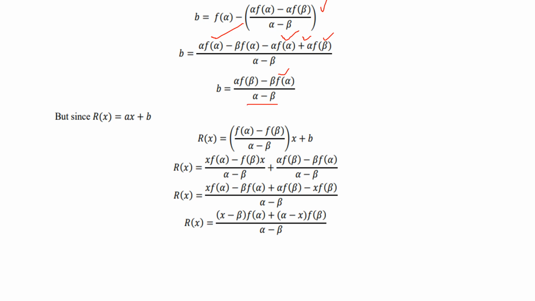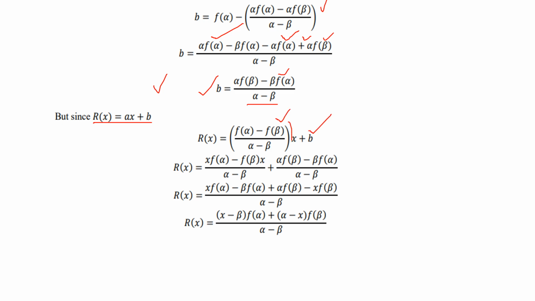Now we have got the values of b and we have got the values of a. So what you need to do is just substitute your values into the remainder expression. That's why we are saying that since the remainder of x is given by ax plus b, the only thing we need to do is to substitute. That's why we started by substituting for a, and then we substituted later for b.